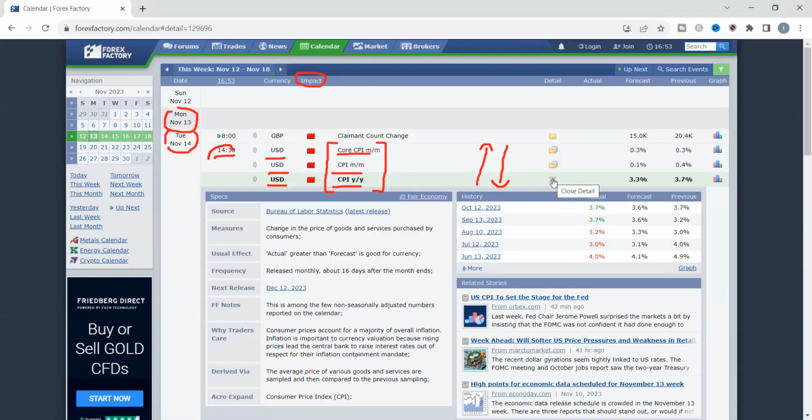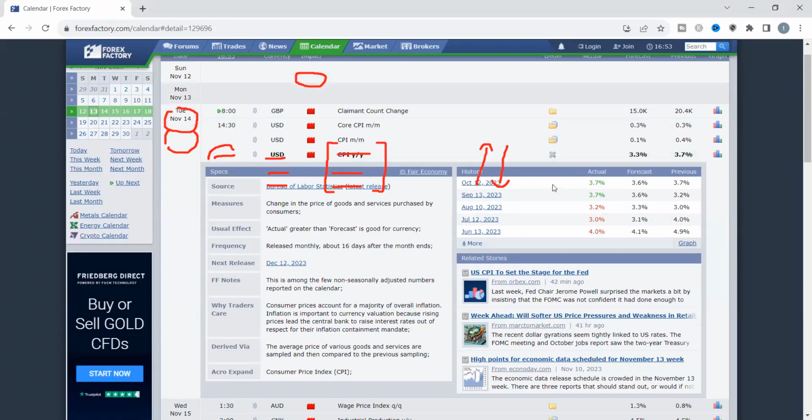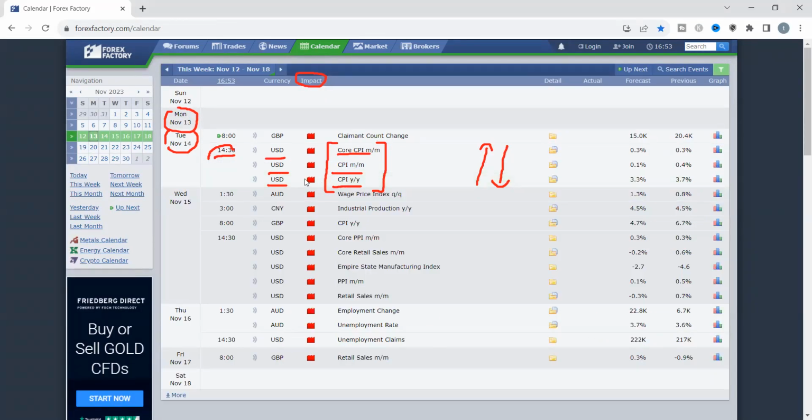So we need to ensure that we are careful, that we pay attention, because the volatility could make the spread easily increase. It could cause whipsaws in the market. It could even cause what is known as slippage.